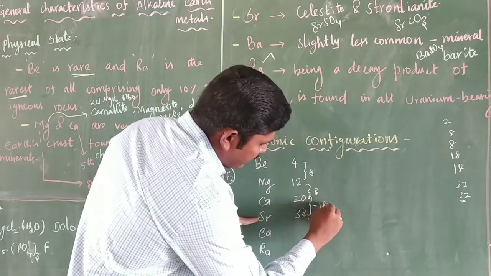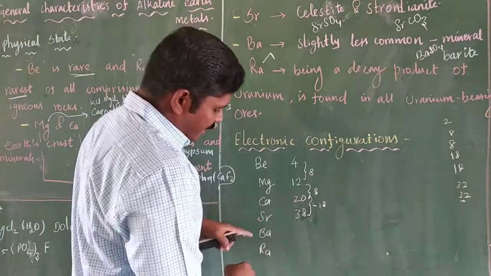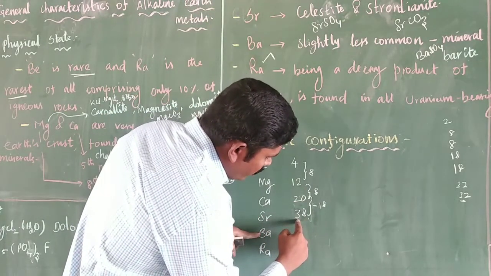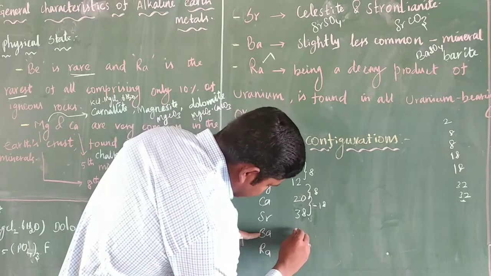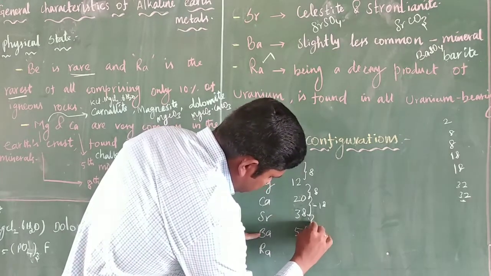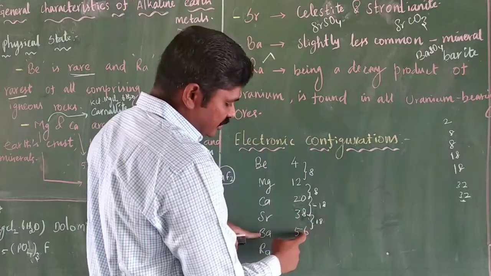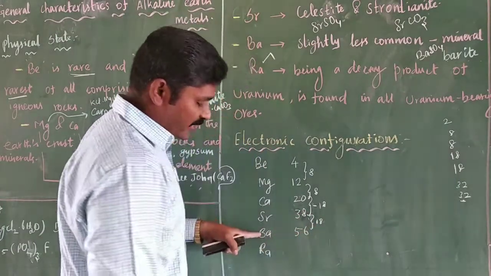Difference 18, so 38. Strontium and barium difference 18, so 56. Difference 18. Eight plus eight, sixteen, so 56.